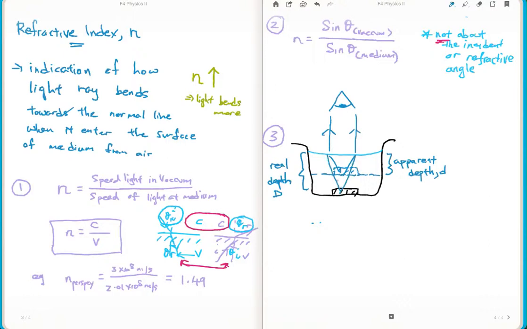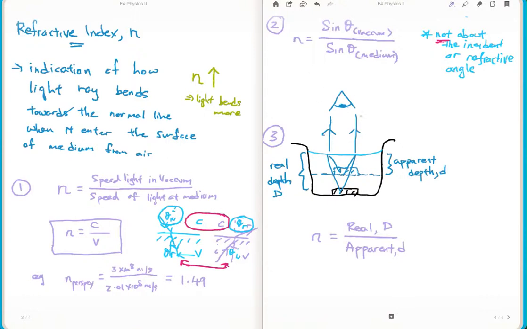So for this kind of case, the refractive index, you have depth. What is the refractive index? Now the way to calculate n is always the real depth over the apparent depth. That's all.